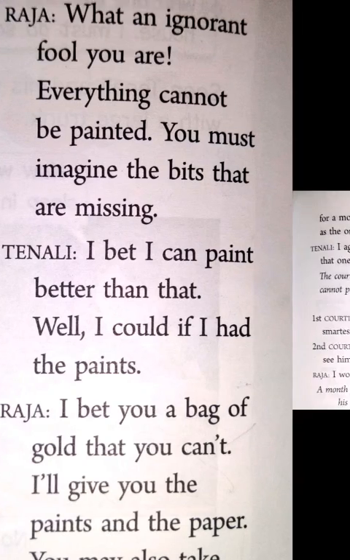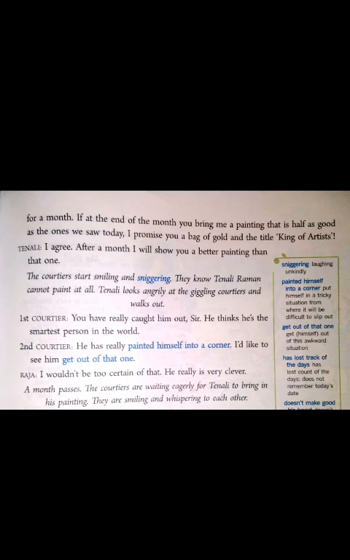That is, by the end of the month, Tenali should bring a painting that is at least half as good as the ones they have seen. And if he does this, Tenali will be titled King of Artists. Tenali agreed to it.